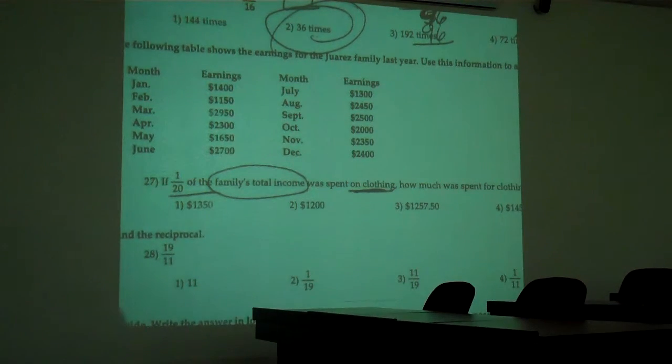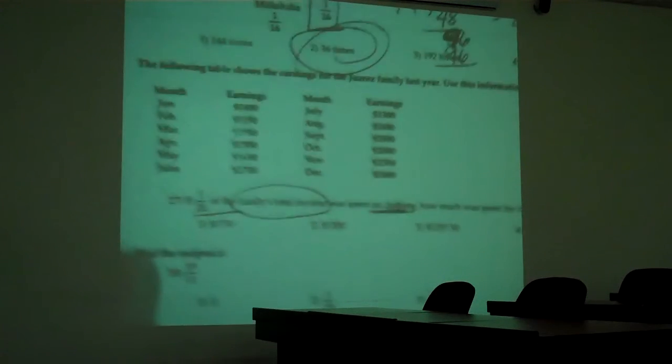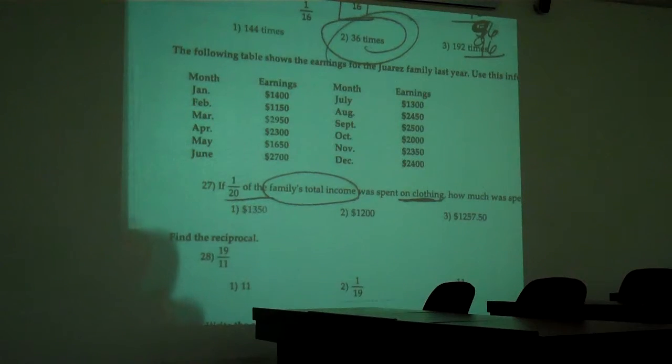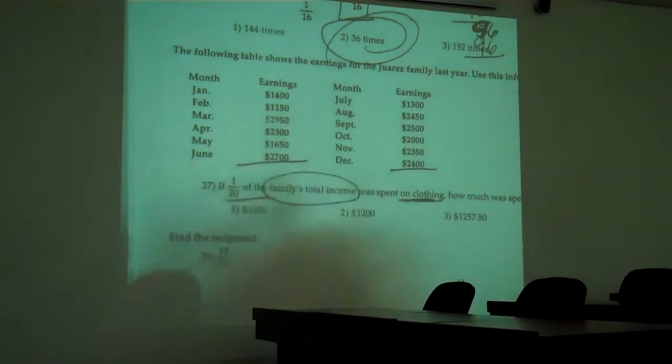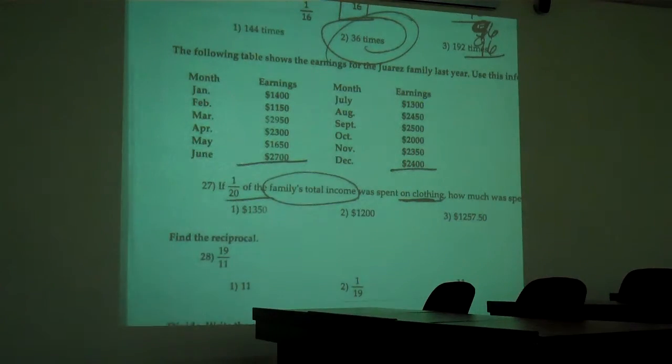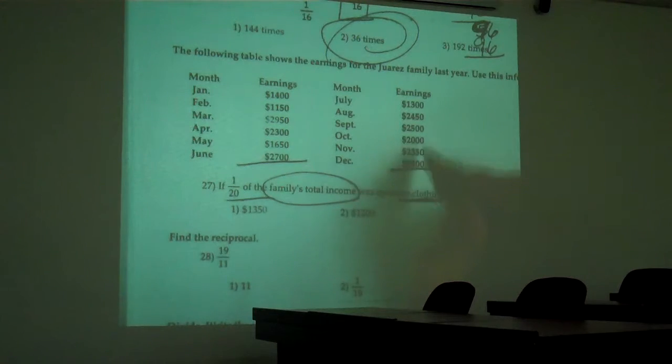You're gonna have to actually add their whole income. You need to find their total income for the year. It didn't tell it to you. So you need to add both columns and then add it up. Okay, the last numbers are pretty easy. There'll be 5s or 0s. 10.